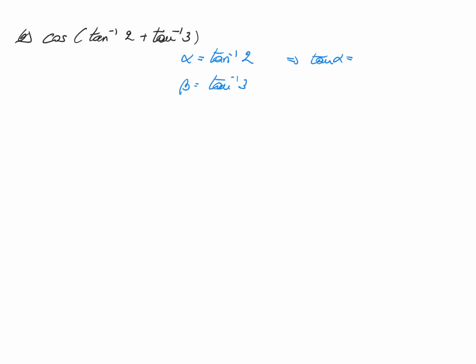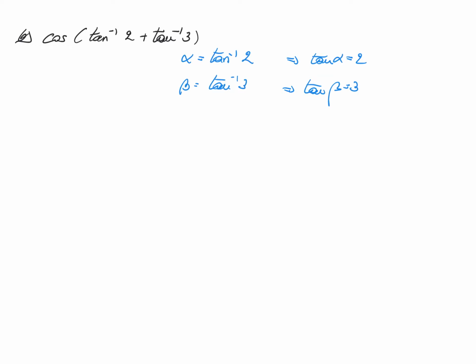For the final example, calculate the cosine of tangent minus 1 of 2 plus tangent minus 1 of 3. In this case, let us first look at the inverse functions separately. So set alpha equal to tangent minus 1 of 2, set beta equal to tangent minus 1 of 3. Then you know that tangent of alpha is 2, and you know that the tangent of beta is 3.